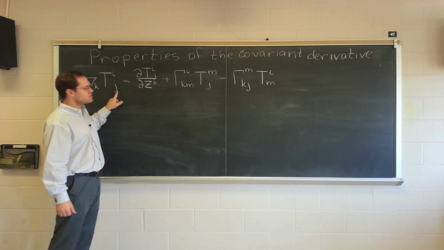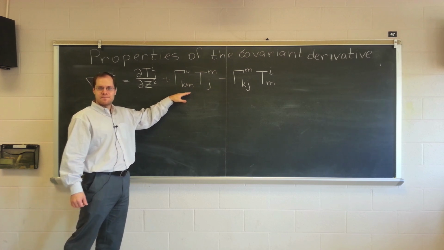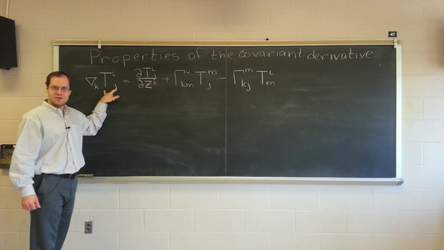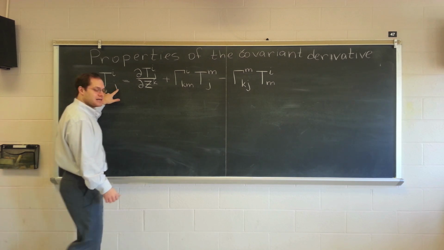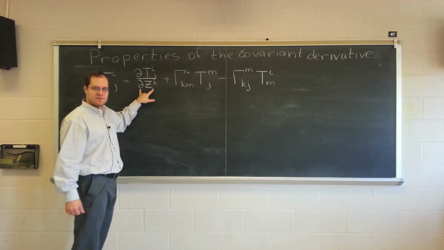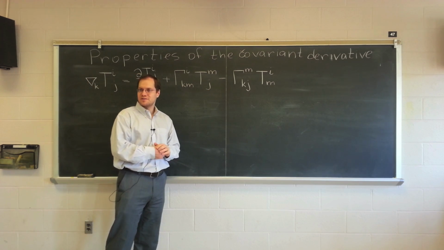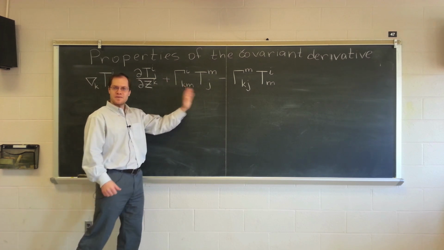So the immediate conclusion from this, which echoes the discussion we just had, is that if you apply this definition to a variant of order 0, or more interestingly an invariant, it becomes just a partial derivative. Since there are no indices, no extra Christoffel terms for that operator. So you just look at everything as a recipe.